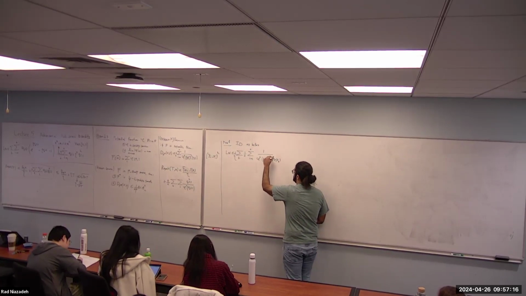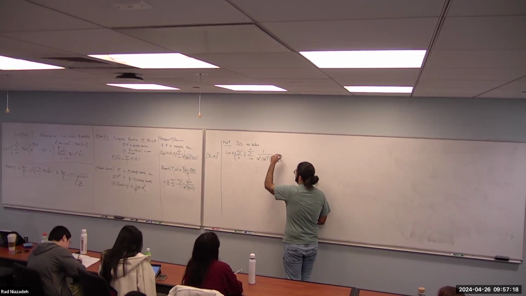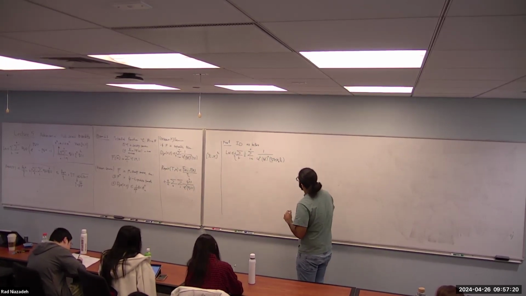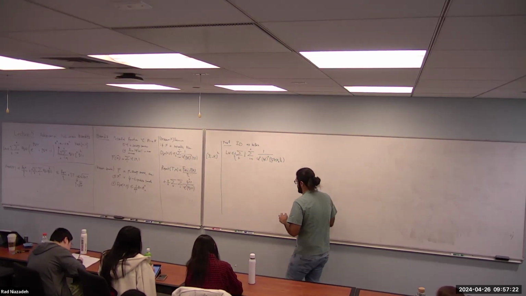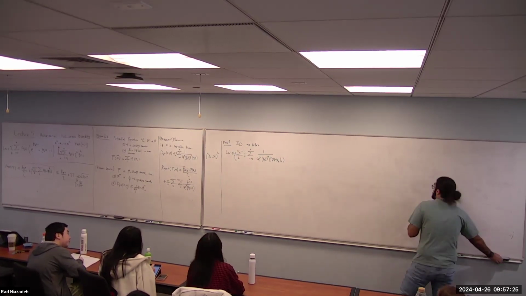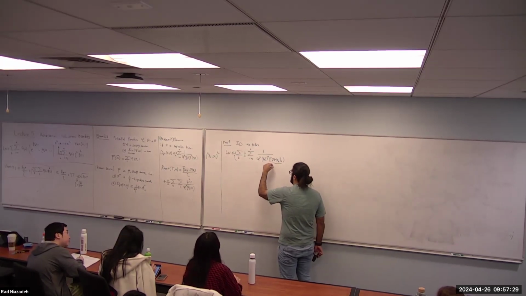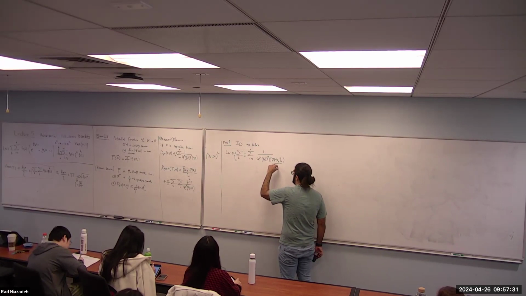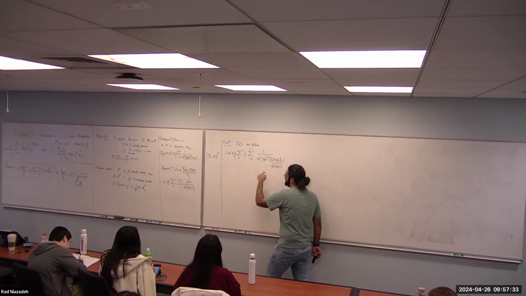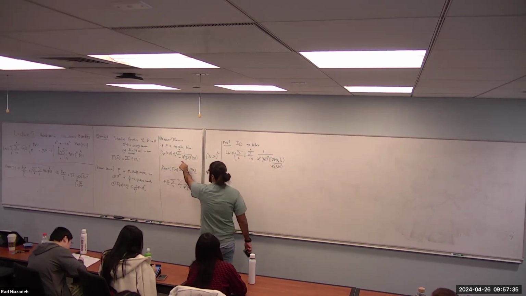But the ith component of that is nothing but really phi prime of a_t,i, because of the fact that f was a separable function, right?